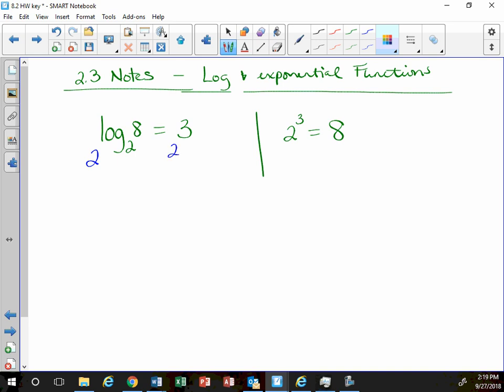That's called exponentiating. You're raising both sides with a base of 2. Anytime these bases match, do you know what all of this becomes? It's just the 8.